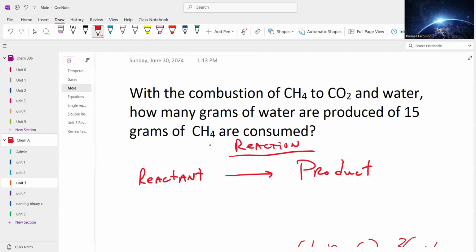Now, in Chem 1A, possibly 2A, for sure 3A, you're going to have to know what that means. Here I'll always give you the reaction itself, as opposed to a paragraph of words for you to figure out. Okay, so the reactant in this case is methane, and the products, plural, are CO2 plus water.